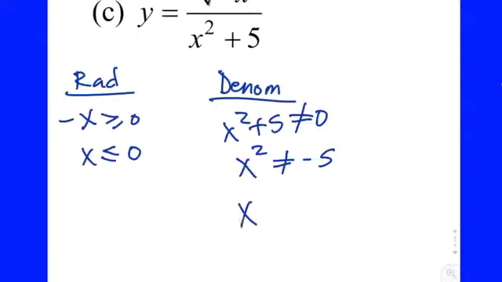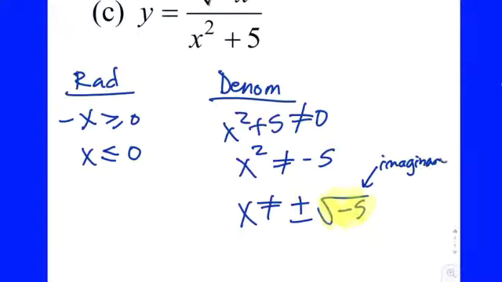Okay. How do we unsquare something? Square root it. And again, second time today, when you take the square root or the even root in general, you have to consider plus or minus. And I get the square root of negative 5. Holy moly smokers. What type of number is the square root of negative 5? It's imaginary. So here we're saying then that the only values of x that give us division by 0 are imaginary.